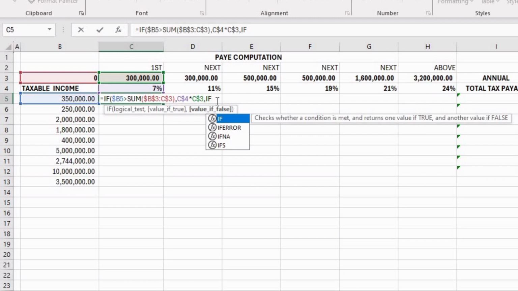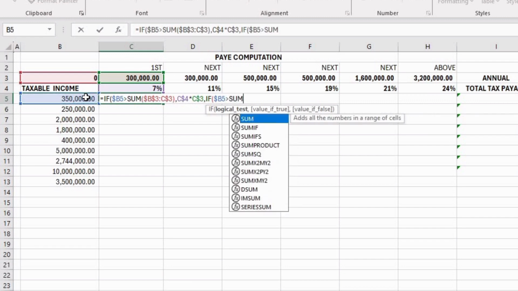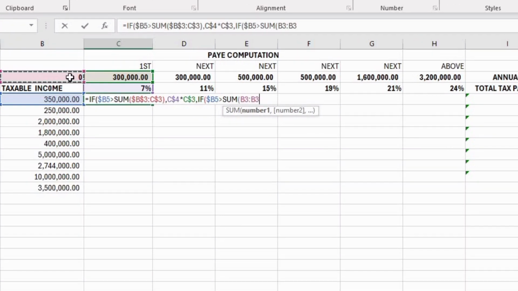So for value if false, we will start with another if function. We'll type if and open the bracket. Our logical test remains the taxable income. What we are saying is if the taxable income is greater than the sum of B3 to B3. Again, we fix the whole of the first column B and row 3, which is the point where the sum is starting from.